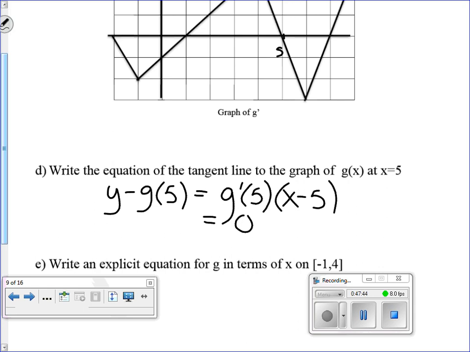Okay. So we have that. x minus 5. So the only thing we have to get now is g of 5. We got that somewhere back there, in the last problem. Remember g of 5 we figured out was 4. So y minus 4 equals 0. Or we can write this as just y equals 4.